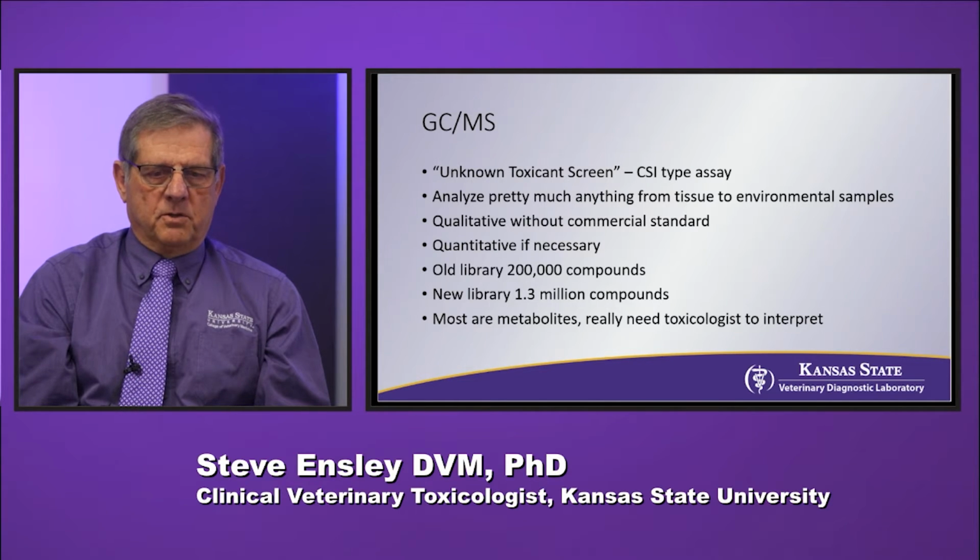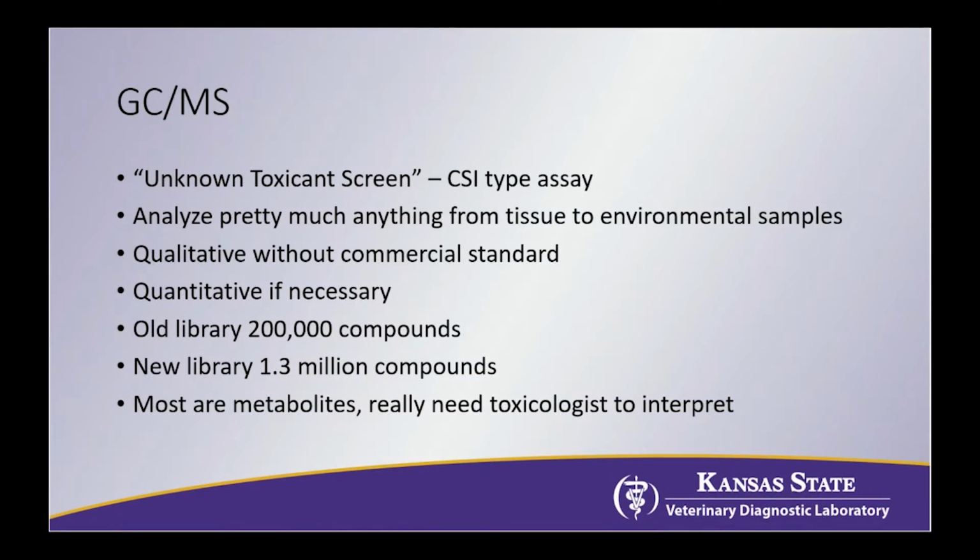what we call a poison screen. There is no one screen that we can do that will cover all potential toxicants that animals will get into, small animals in particular. But this one is the next best thing to a poison screen that we have. Part of the analysis is an internal library in our mass spectrometer.